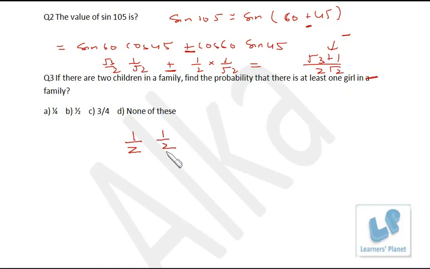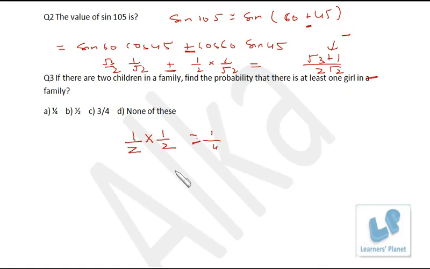Both events are independent, because whatever the first child is, boy or girl, it doesn't have any impact on the other. So I put a multiplication sign, and 1 by 4 is the probability when both children are boys.